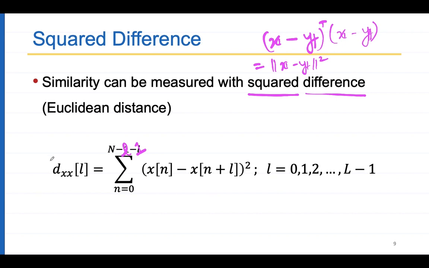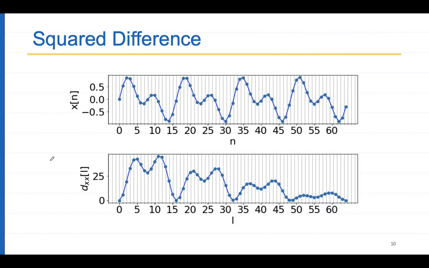Now, if I plot this difference function with respect to the delay L, what do you expect? This is my original signal. You can see the periodicity is 16. Here, capital N is 16. And what do you find here? When you are comparing the same signal with itself, the difference will be exactly 0 because it is the same signal.